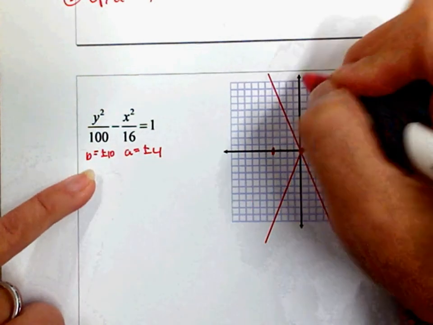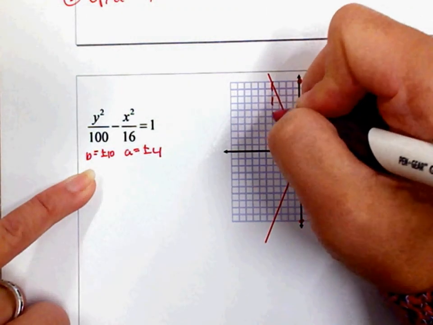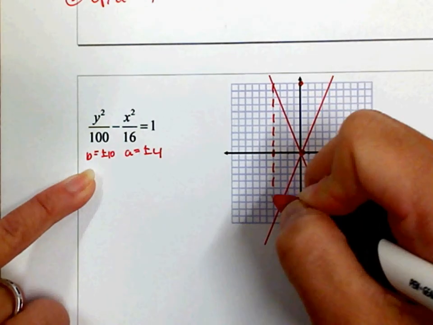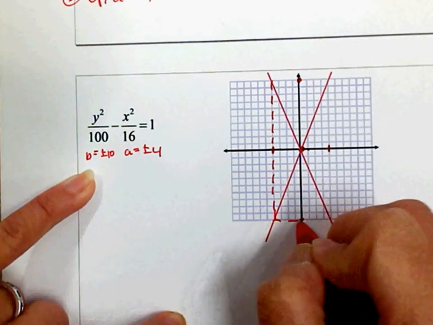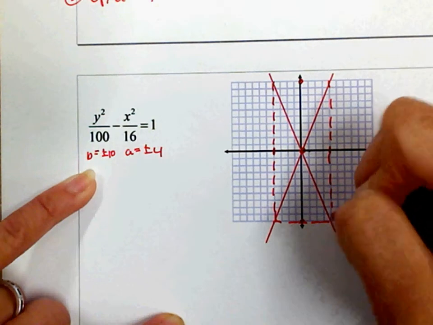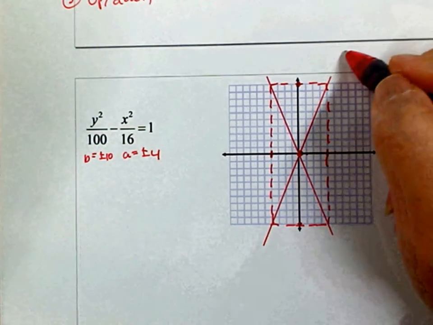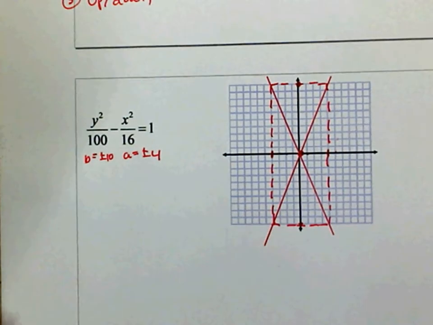Let's draw our fundamental rectangle. And then let's draw your asymptote, which I have already drawn. Y comes first, so it's going to go up and down.